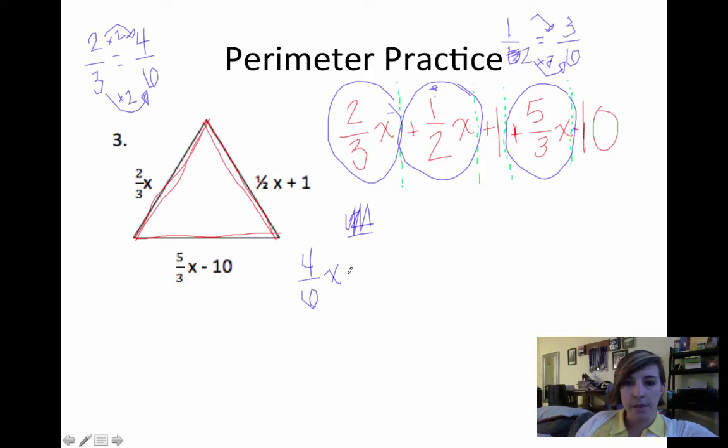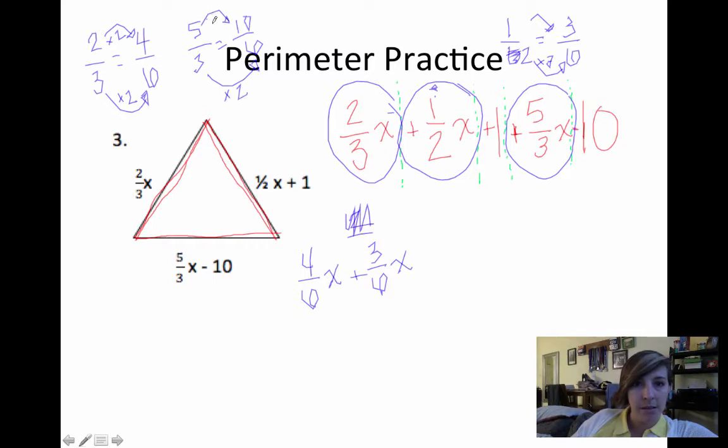So this is 4/6 x plus 3/6 x. And now we're changing 5/3 x into 6. So let's go over here. 5/3 is equal to, again, to get from 3 to 6, we multiply times 2. 5 times 2 is 10. All right, so this is a positive 10/6 x.